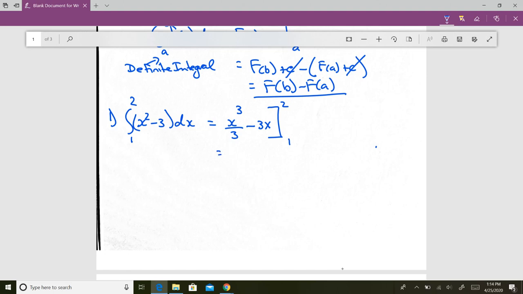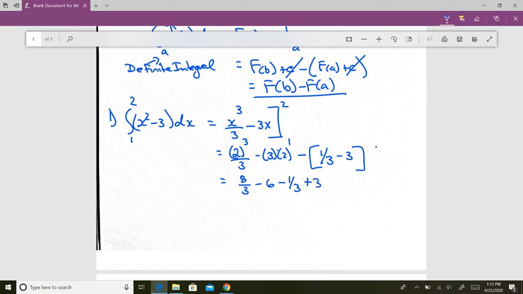So 2 cubed over 3 minus 6, minus, and then you put in the 1, so it's 1/3 minus 3. So I get 8 over 3 minus 6 minus 1/3 plus 3.